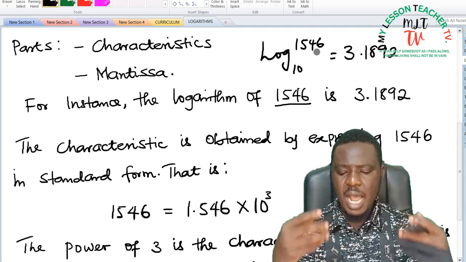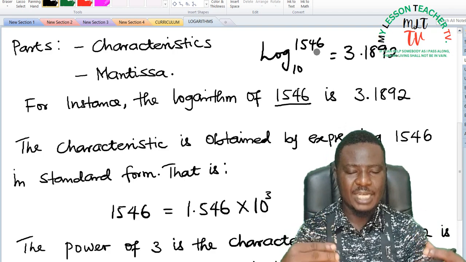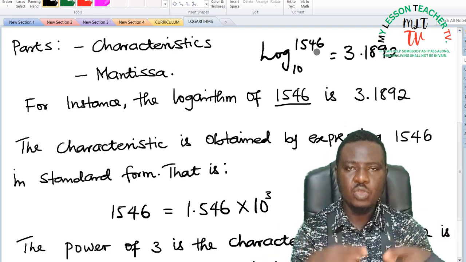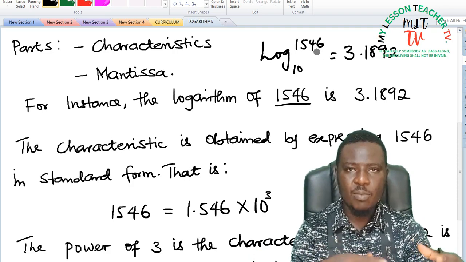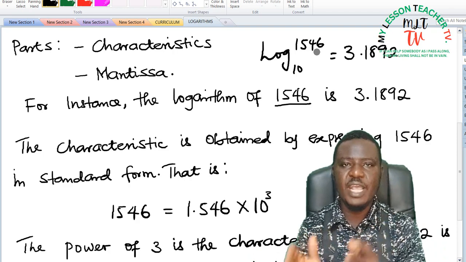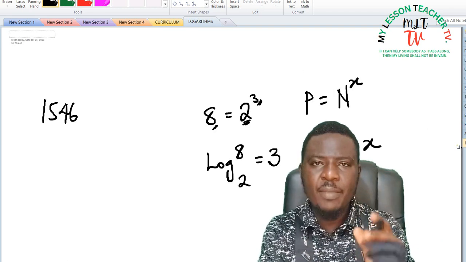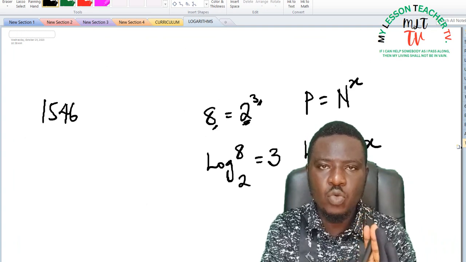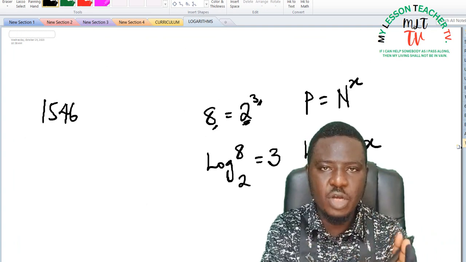So, how do we use the logarithm table in achieving all this? Note, there are other means you can use in determining this, but in mathematics, we have so many options, so that if A does not work for you, B will definitely work. The logarithm of a number is divided into two parts, which we call the whole number and the fractional part.